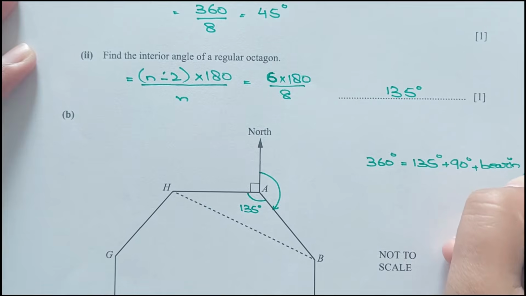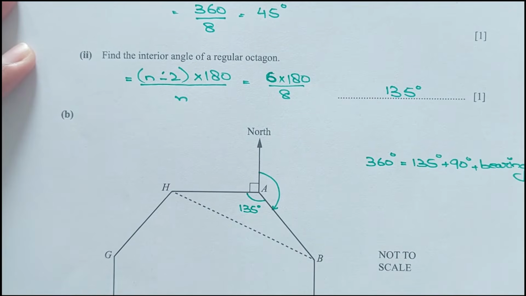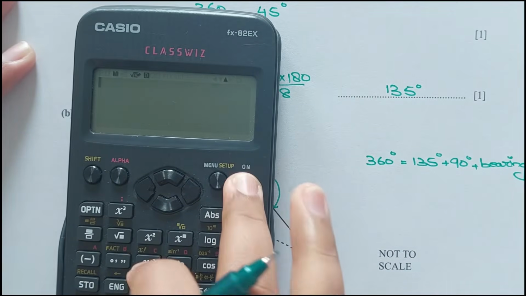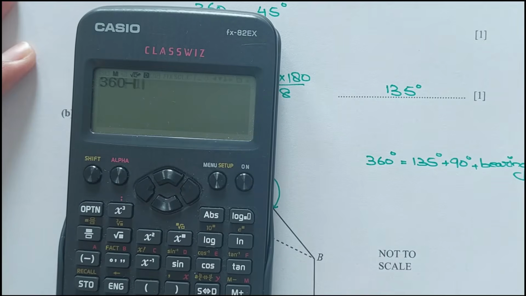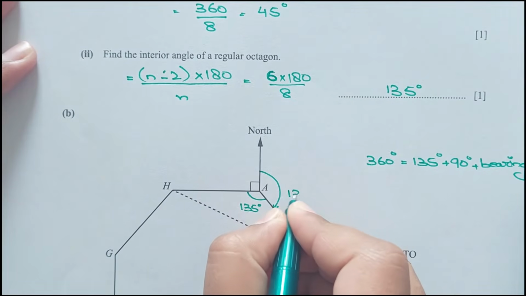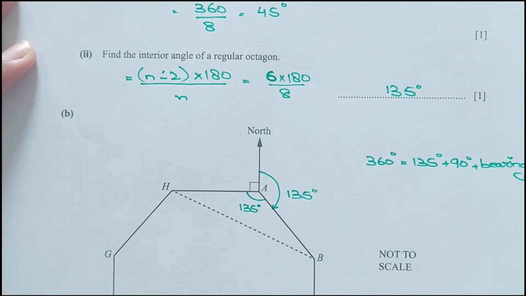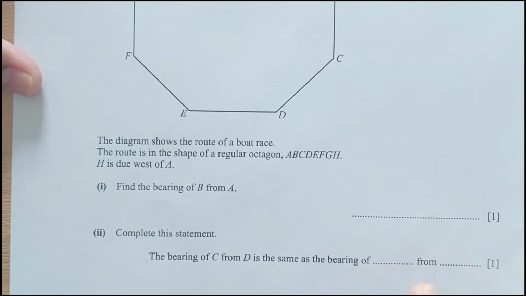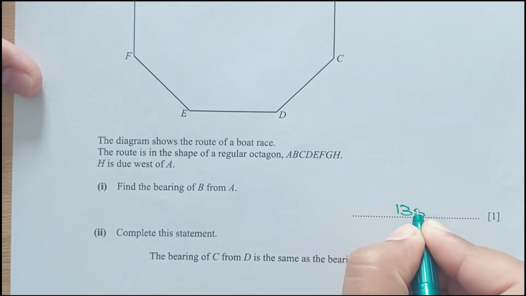So we can find the bearing by doing 360 minus 135 minus 90. This is 135, the bearing. So this angle is 135 degrees. The bearing of B from A is 135 degrees.